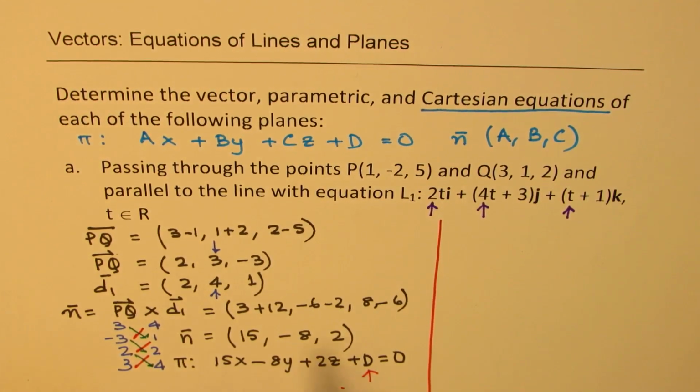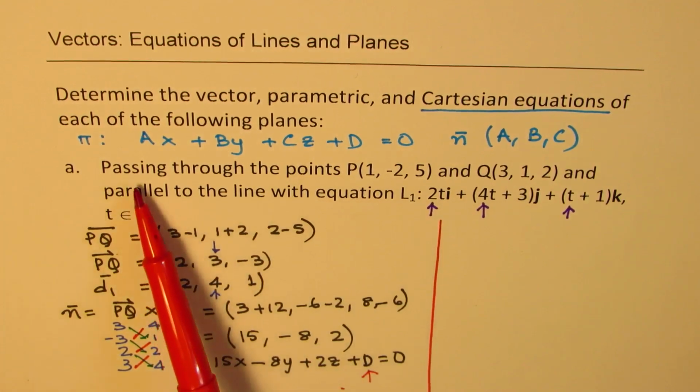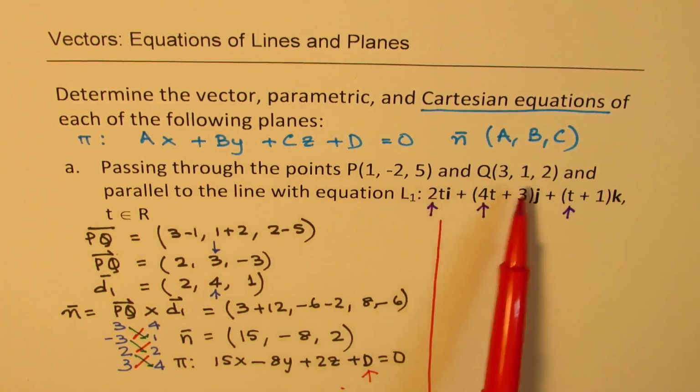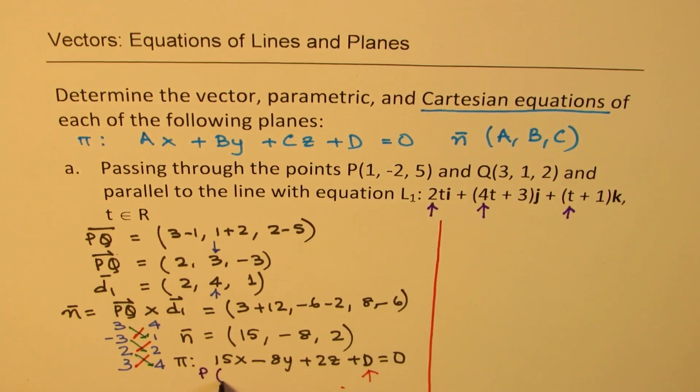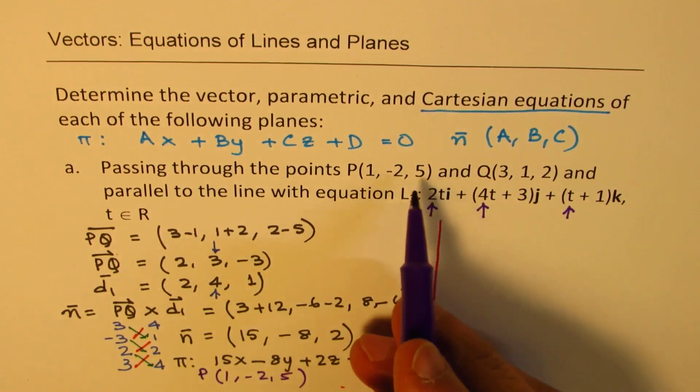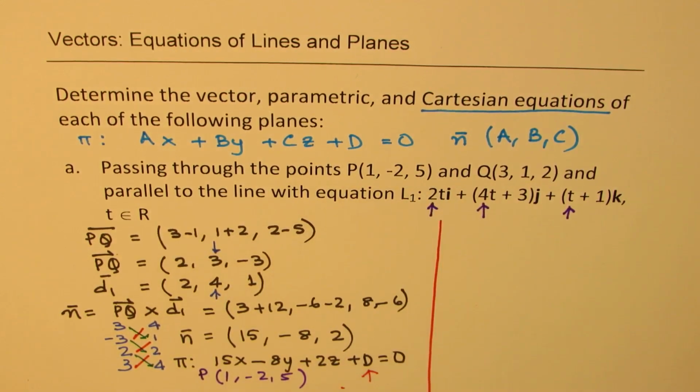We can find the value of d by using any point the plane passes through. We are given two points, and we can substitute any one of them to find the value of d. In this particular case, I'll substitute the point 1, minus 2, 5.